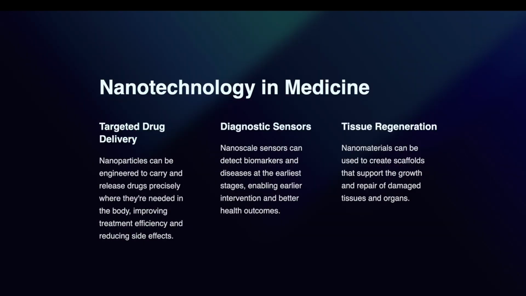Now, what are its applications? One of the foremost applications of nanotechnology is in medicine. Why? Because with nanotechnology, we can utilize the unique properties, and it will help us in better diagnostics, better targeted drug delivery, or even tissue regeneration.